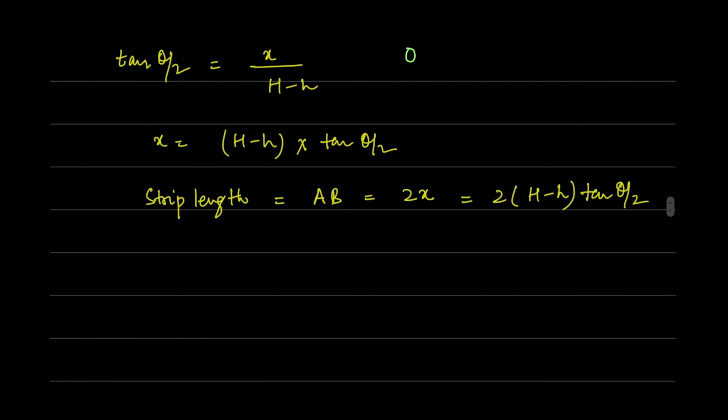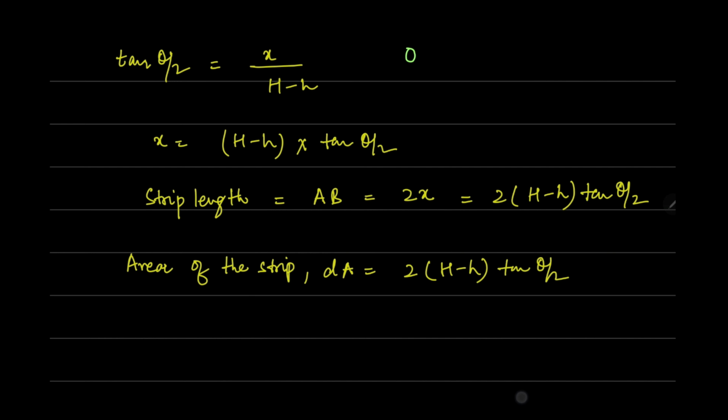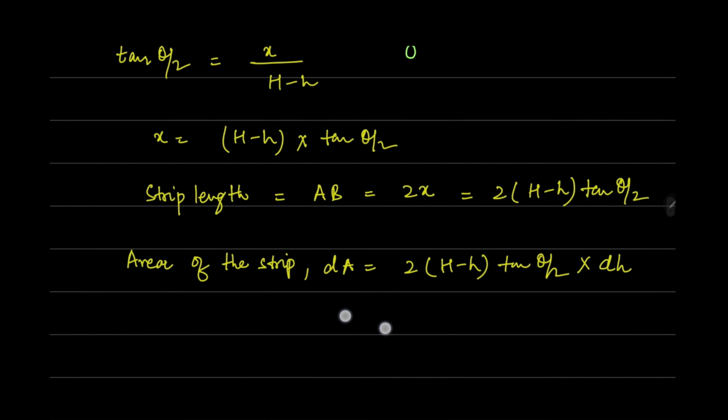Now what is the area of this strip? Let's say this area is dA. So the area of the strip under consideration, dA, can be written as 2(H minus h) tan theta by 2, which is the length of the strip, multiplied by the width of the strip, that is dh.